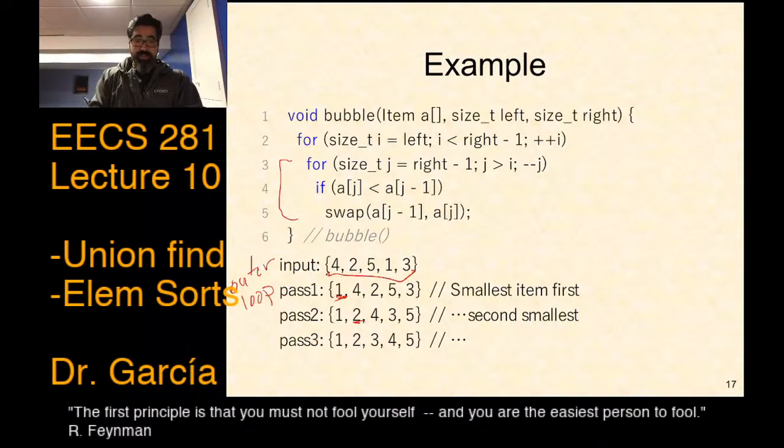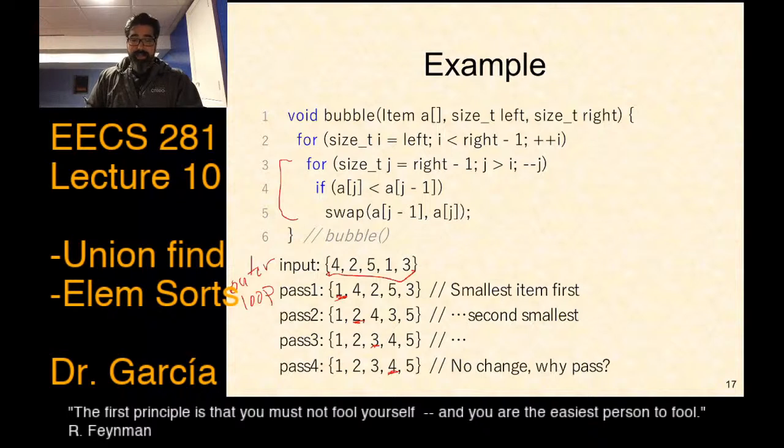Then pass 3. Okay. Pass 4. And at that point it's sorted, but if you go with the algorithm step by step, at pass 3 the array is already sorted.